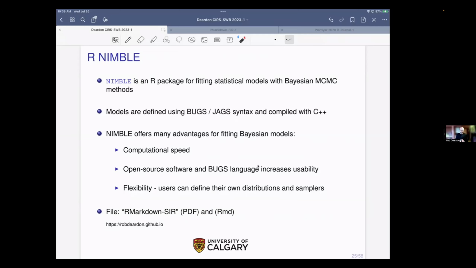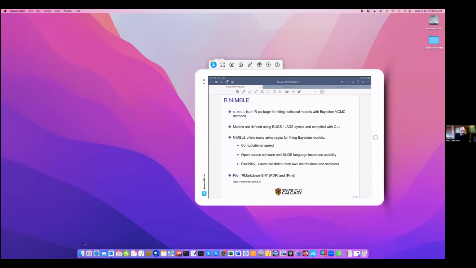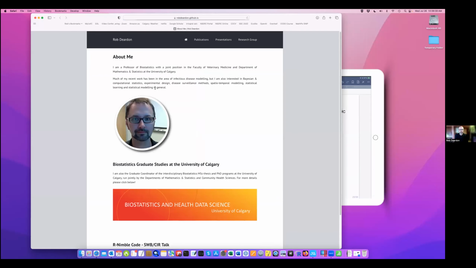Okay. Now, I don't have time really to go through all the Nimble code, but I have a markdown file. So if I can close this, I know how to use my own computer. There we go. If I go to my web page, the link for my web page is at the beginning of the slides and on the final slide as well. If you just search for Rob Dearden, you may have trouble finding this web page because it's a new one.